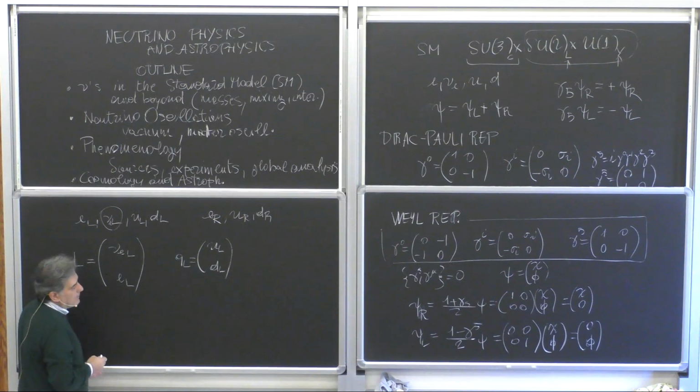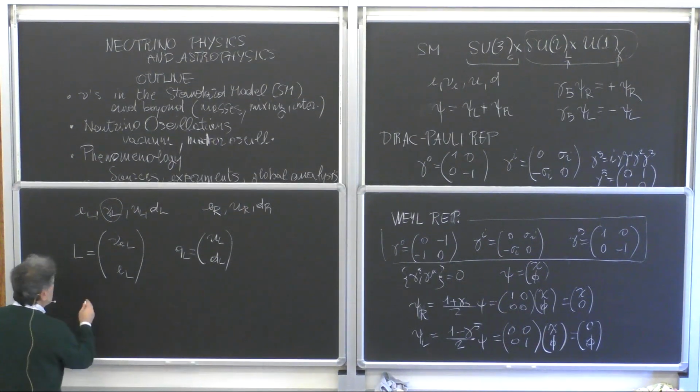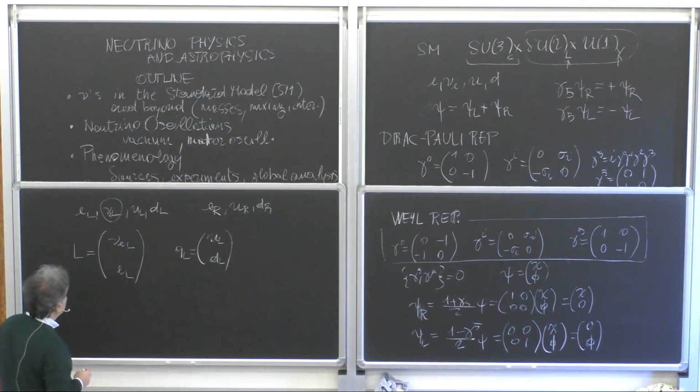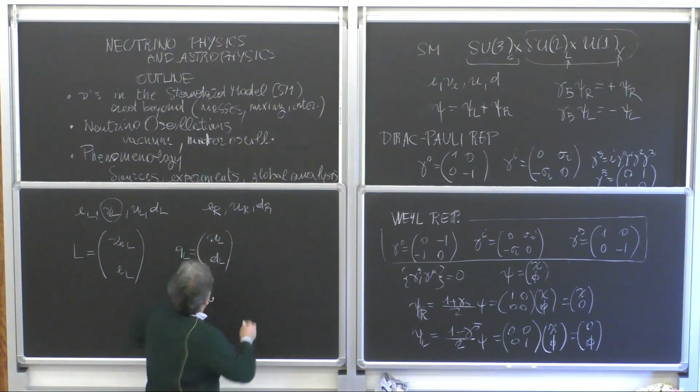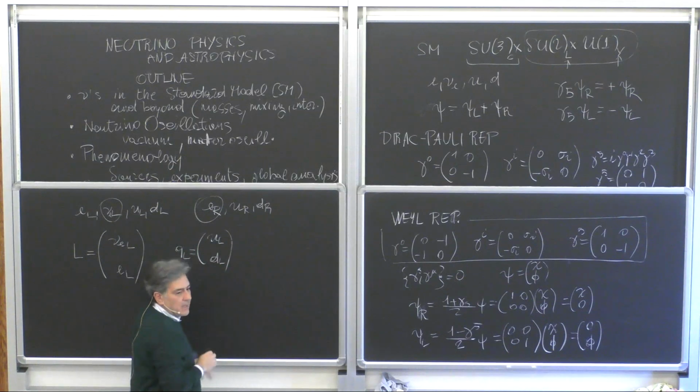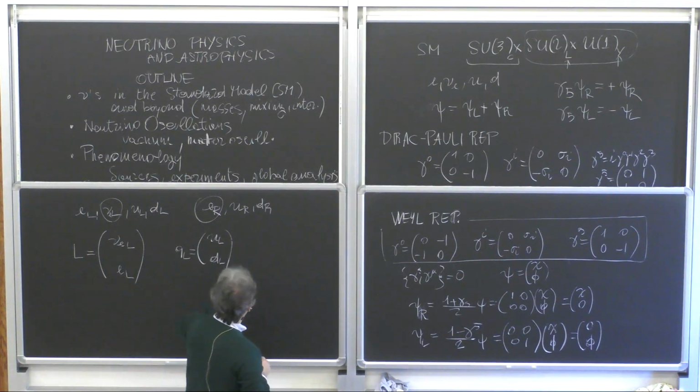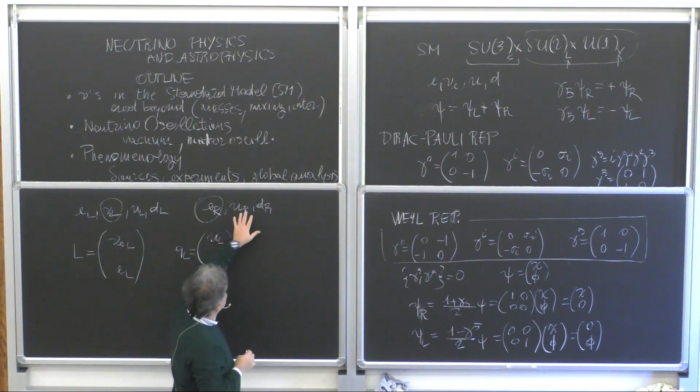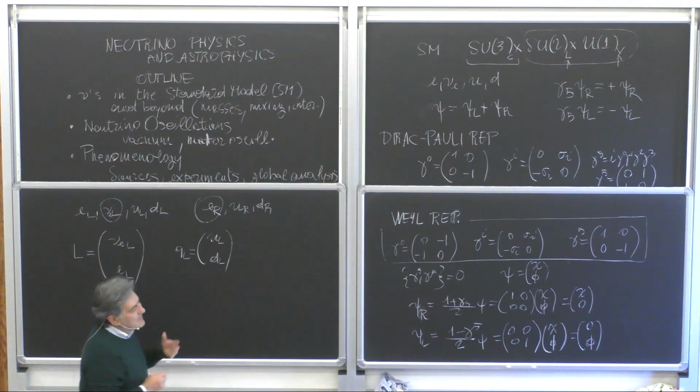Now we see what doublet means. You see the right part of the electron is a singlet, and also singlets are the right part of the U quark and the D quark. What does doublet mean?